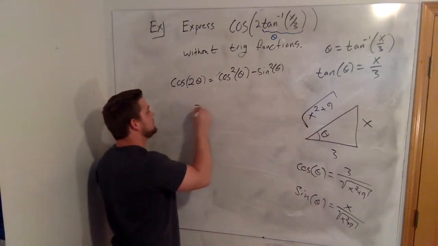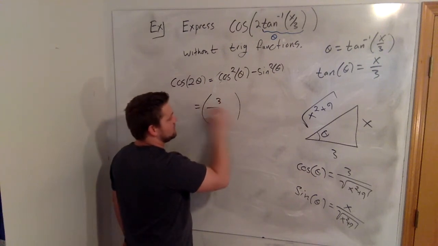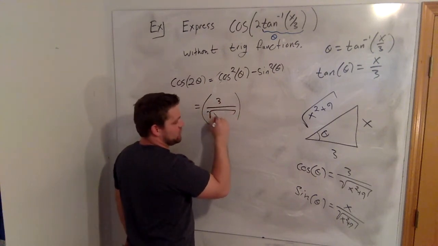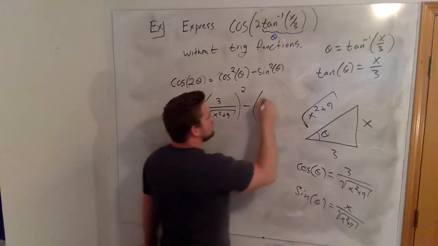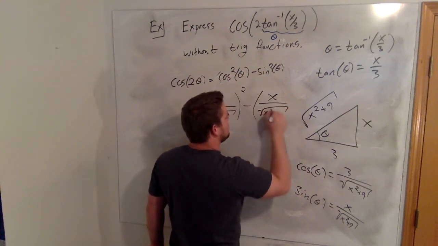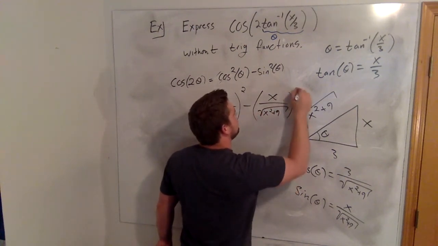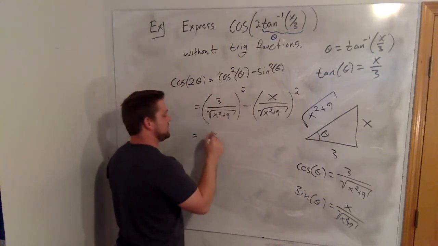So plugging everything in, cosine squared, we're going to get 3 over the square root of x squared plus 9, squared, minus x all over the square root of x squared plus 9, quantity squared. So what are we going to get? When we square this, we're going to get a 9.